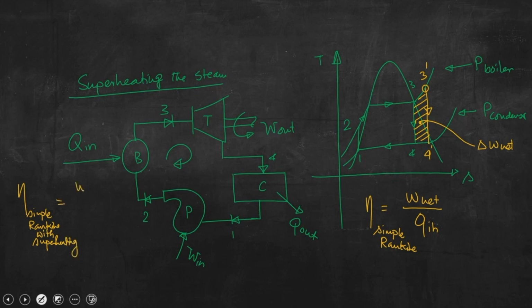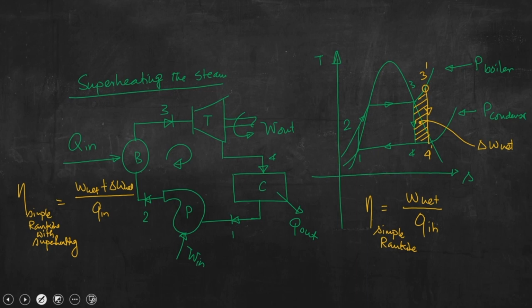Then it is W net plus delta W net divided by Q in. This is very important. Will this Q in remain simply Q in, or to achieve this extra work output, we need to supply more heat?